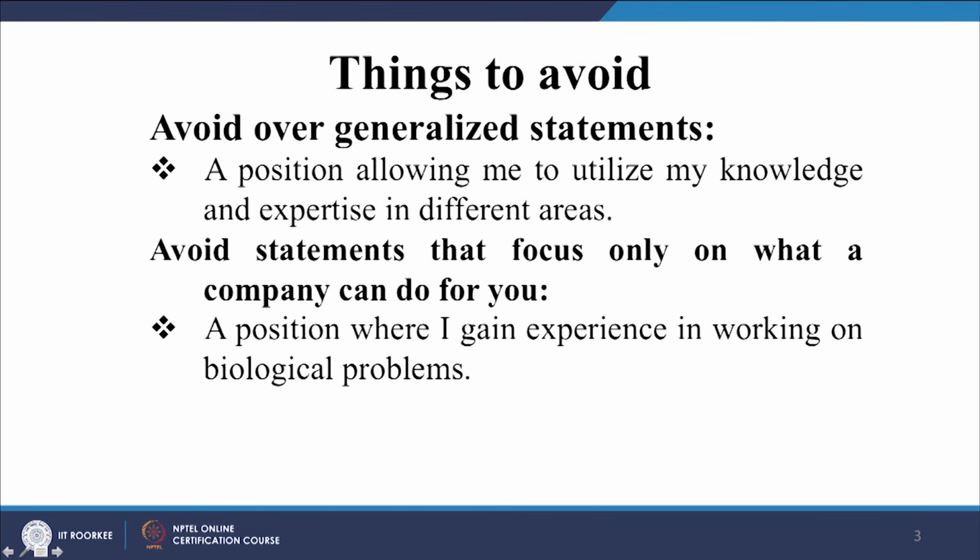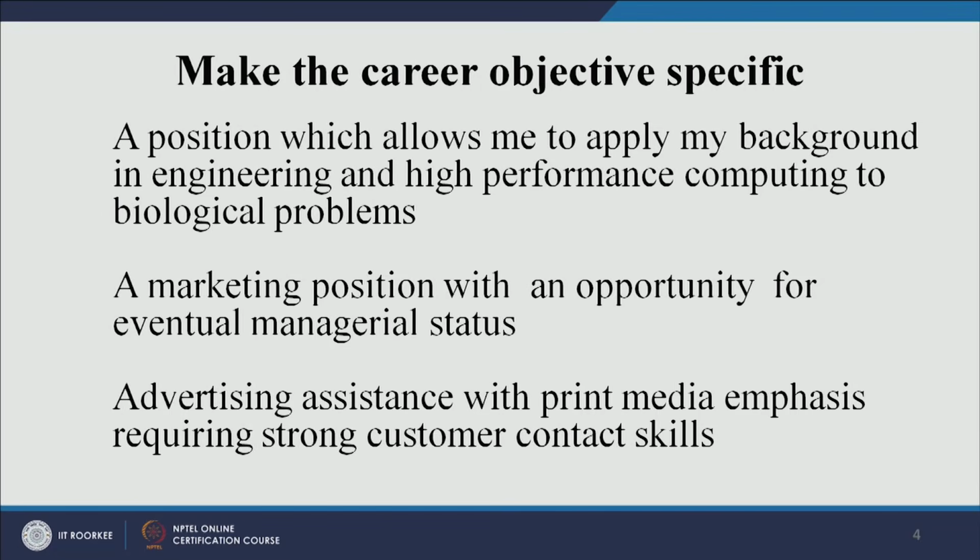So you have to be very specific. Make your career objective specific. Say for example, a position which can allow me to apply my background in engineering and high performance computing to biological problems. Now this will be even more specific than if you talk about only computing.